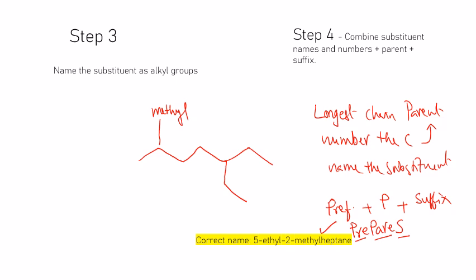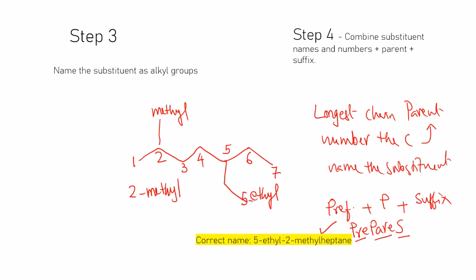So I have the methyl group and I have the ethyl group here. And is it the same distance? So this one will be 1, 2, 3, 4, 5, 6, and 7. So I have a methyl group on the second carbon, so 2 methyl, and I have an ethyl group on the fifth carbon, so 5 ethyl, right?